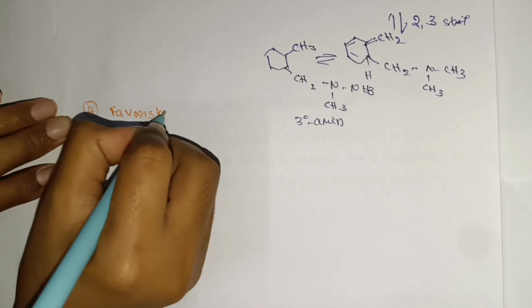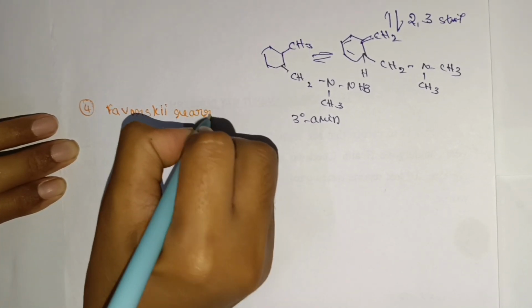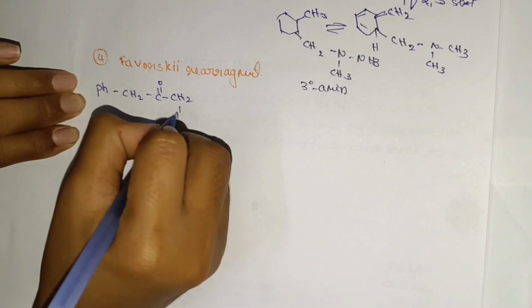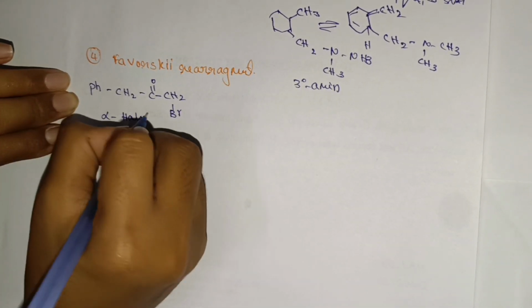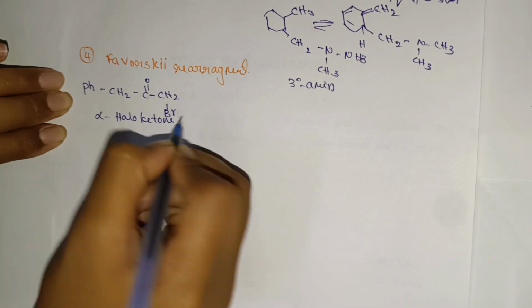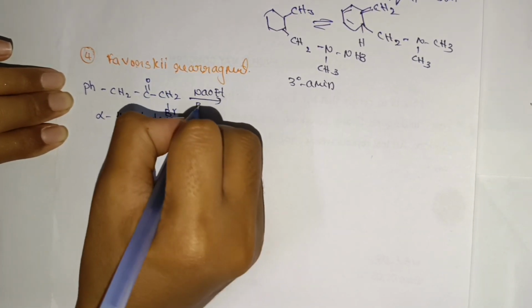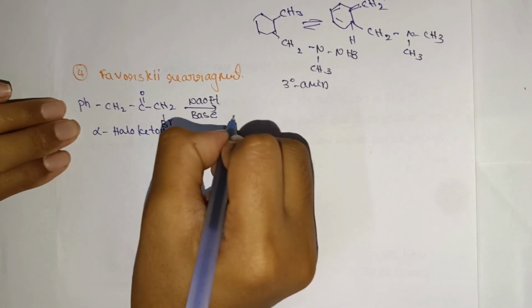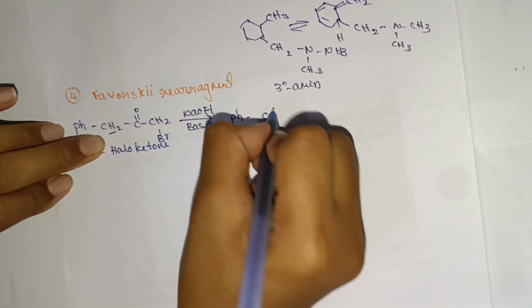The final rearrangement is Favorskii rearrangement. Here C double bond O CH2 bromine. This is an alpha halo ketone. It reacts with NaOEt in the presence of base.